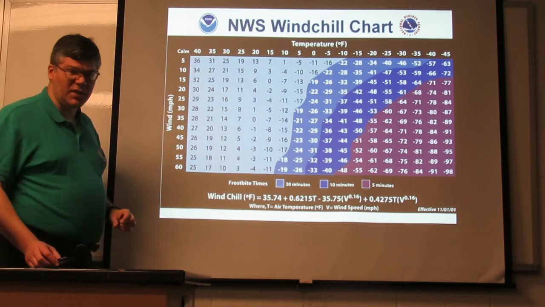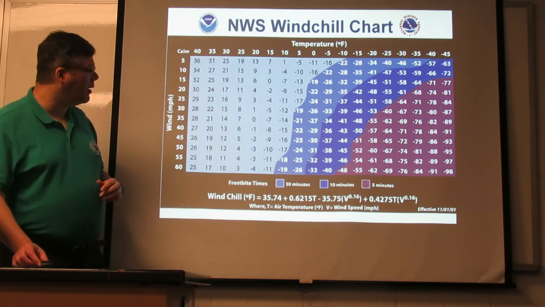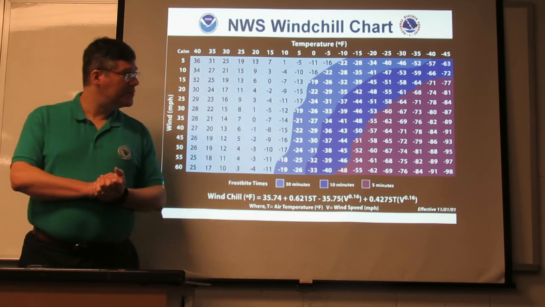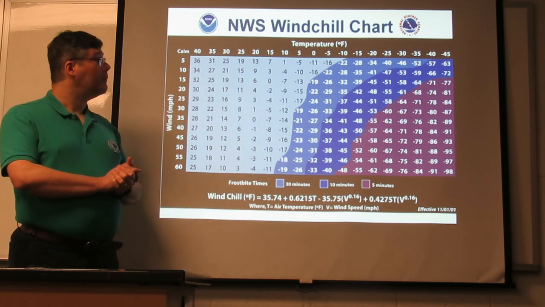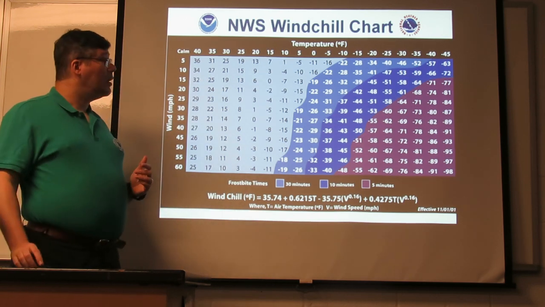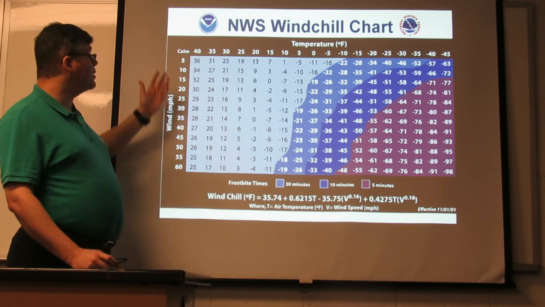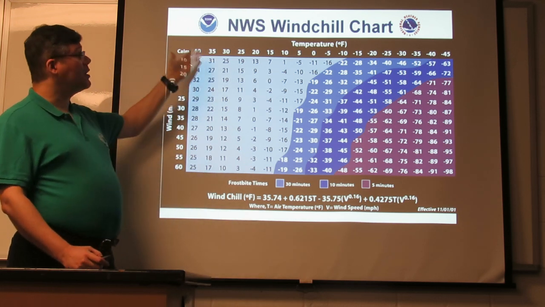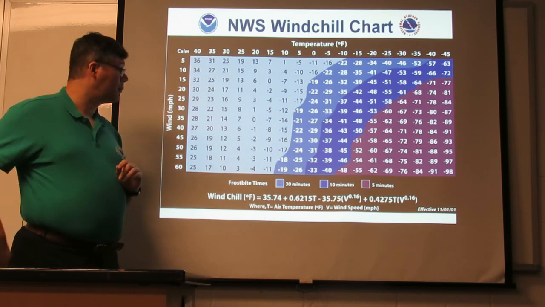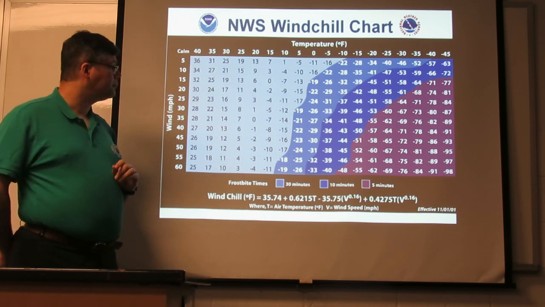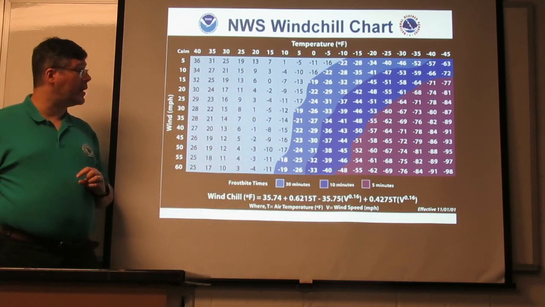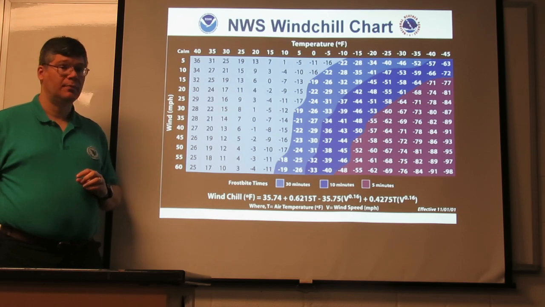Well, once you get to 60-mile-an-hour wind, it feels awful anyway, and any faster than that doesn't make much difference. But if you're already cold, it takes much less wind to make it feel a lot worse than if it's not so cold. The shading shows how quickly you get frostbite under those temperature conditions.